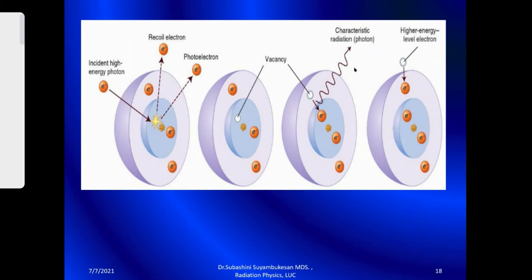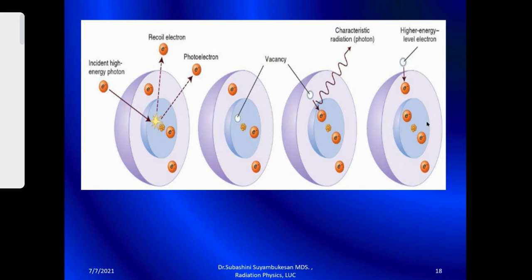What do you mean by characteristic? Characteristic of a particular shell. Okay, when the electron has sufficient energy to knock out an electron from an inner orbital. Hope you all are aware that electrons surround the nucleus. Okay, clear, in an orbit. Okay, you have different shells.